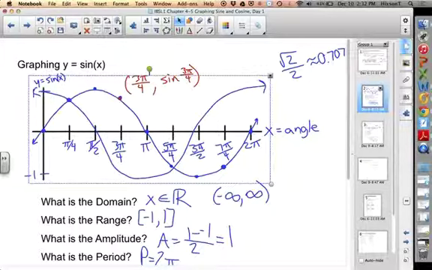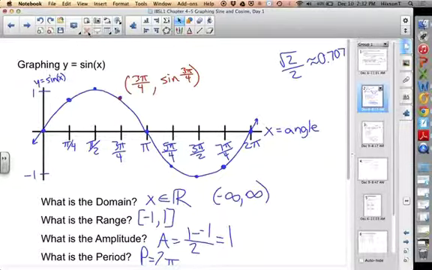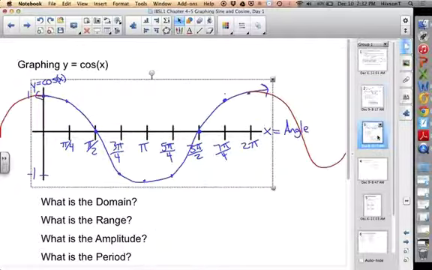That sure sounds like what identity that we learned? Cosine theta equals sine of 90 degrees minus theta, right? The cofunction identities. There's a shift here.